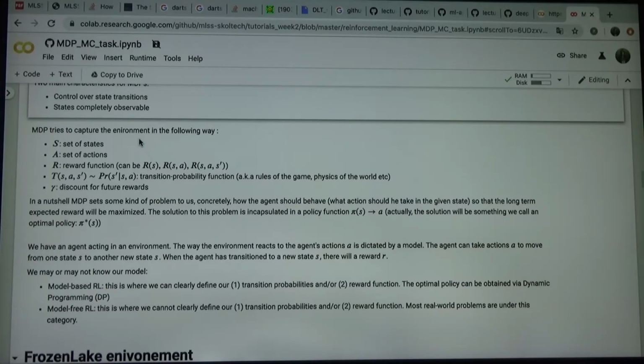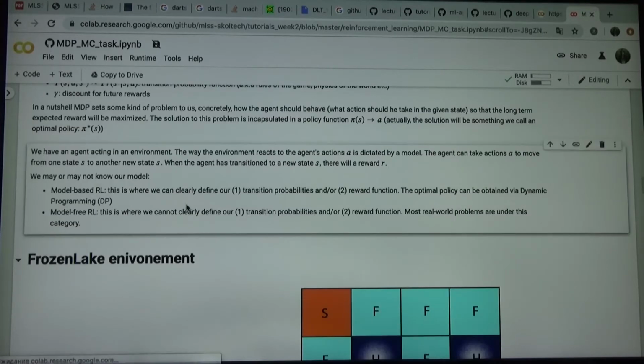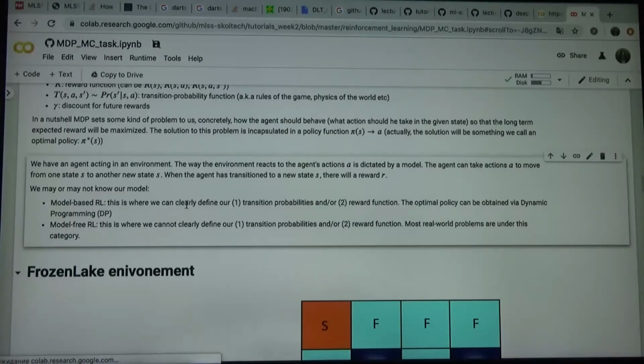The policy function takes a state, and for every state that we give it, it gives us some action, which in perspective will maximize our expected long-term rewards. Yeah, and basically that's it about MDP.